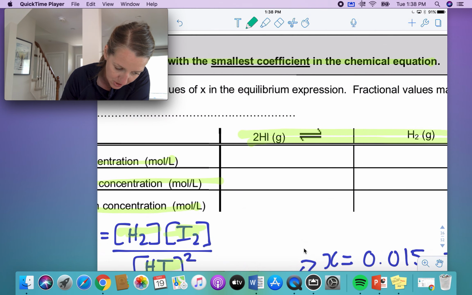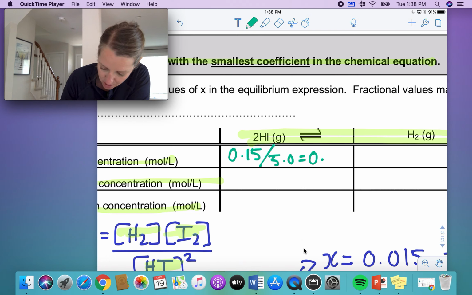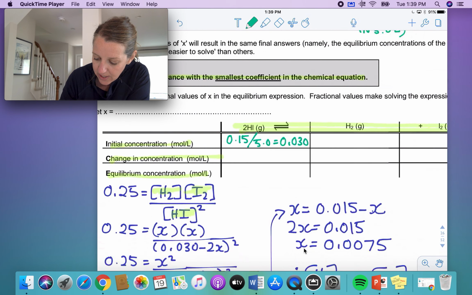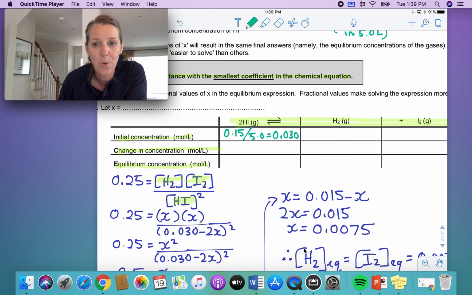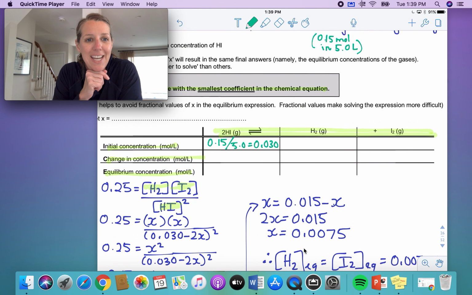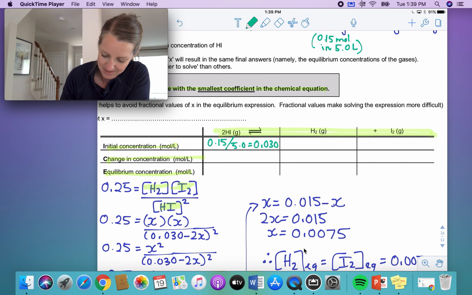That would go in this box right here. 0.15 divided by 5.0, and I know that my initial concentration is 0.030 moles per liter. Okay, does that make sense? What is my initial concentration of the H2 gas and the I2 gas? 0. I don't start with anything in there.